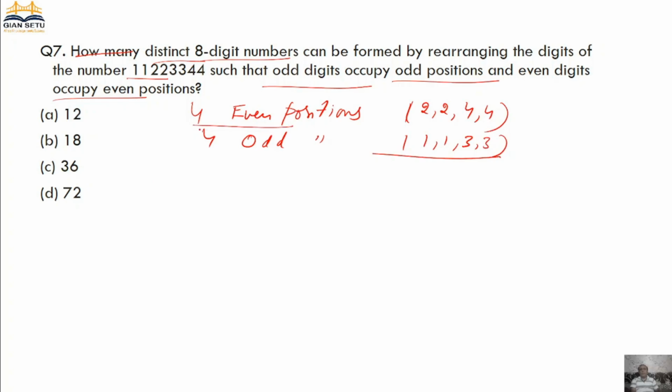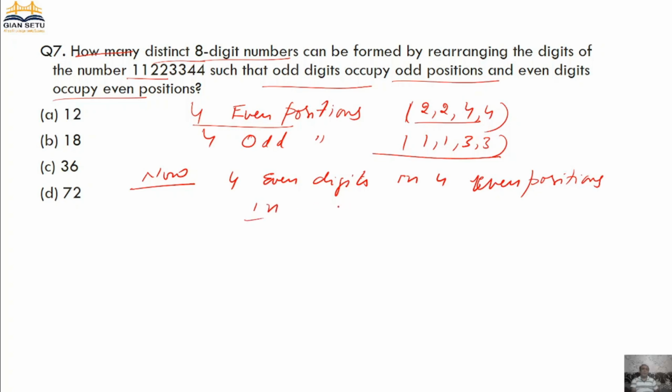Now we can arrange these four even digits, now we can arrange 4 even digits in 4 even positions in how many ways?